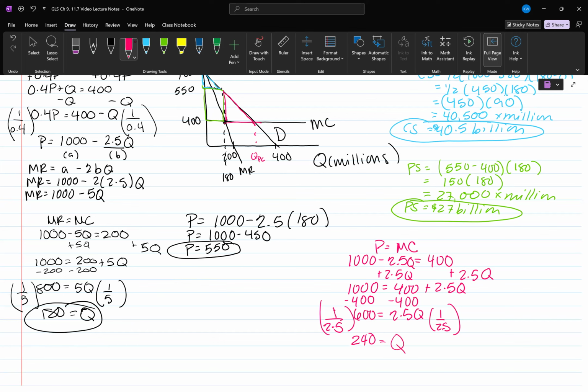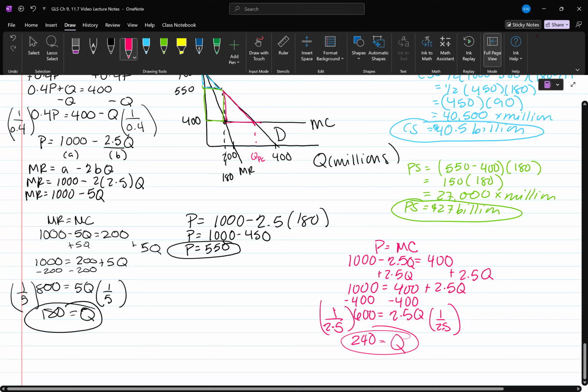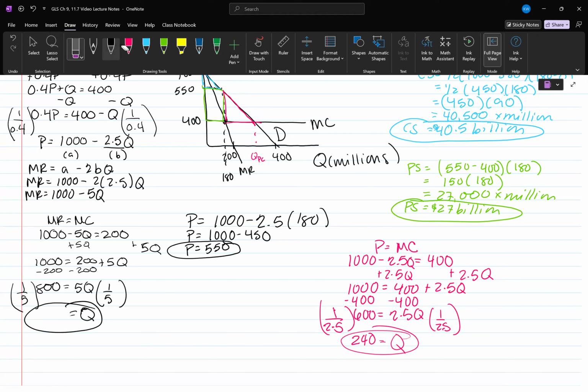Okay. So 600 multiplied by 2 halves, or divided by 2.5, should give us twice what we found before, and I got 240. Okay, so that 240 is correct. I actually made a mistake earlier where 800 divided by 5 is 120. So that means that our price for our firm here should not be 550.